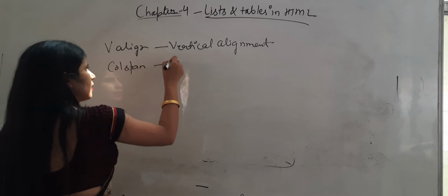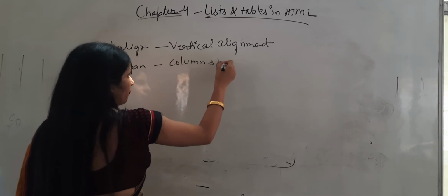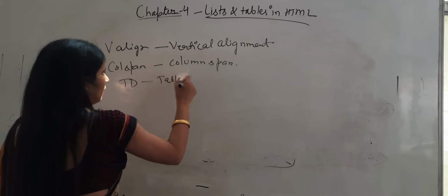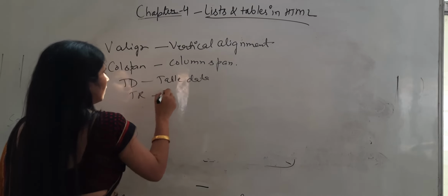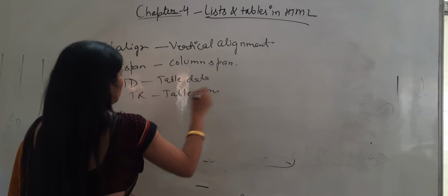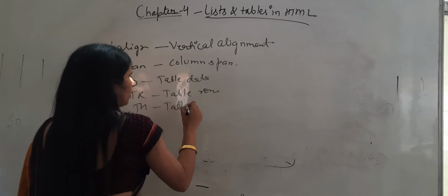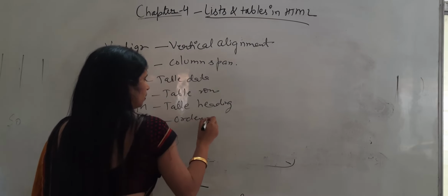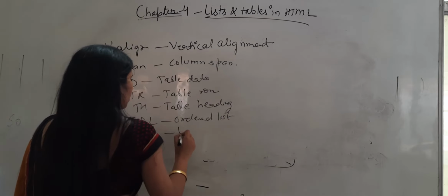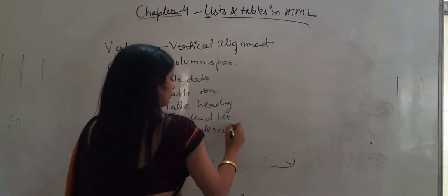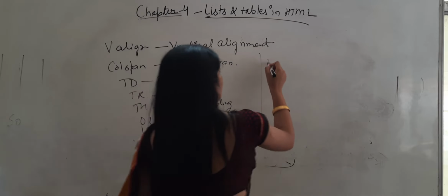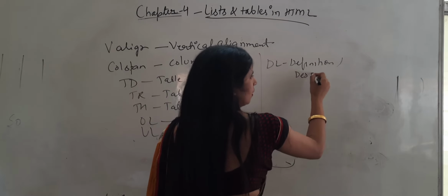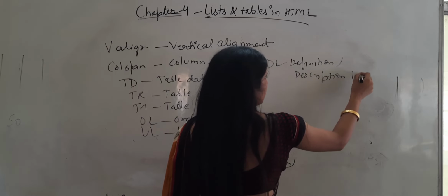COL span. What does it stand for? Column span. Others are TD, table data. TR, table row. TH, table heading. OL, ordered list. UL, unordered list. DL, definition or description list.